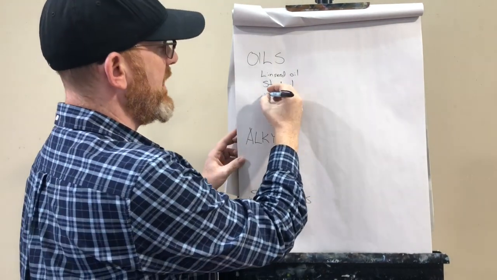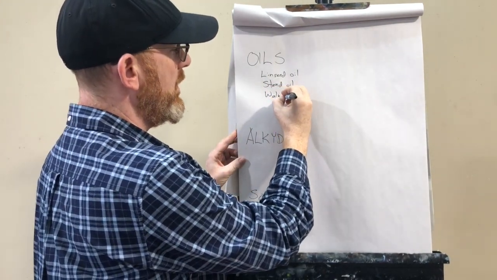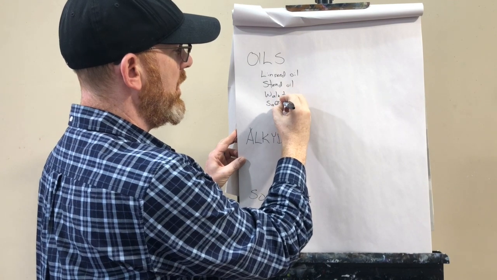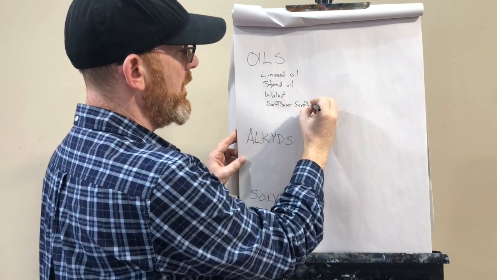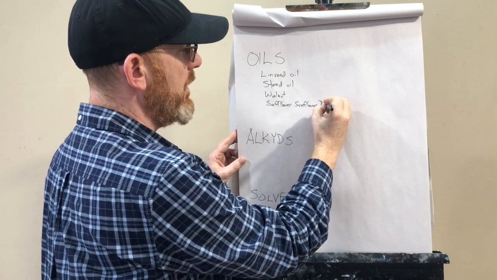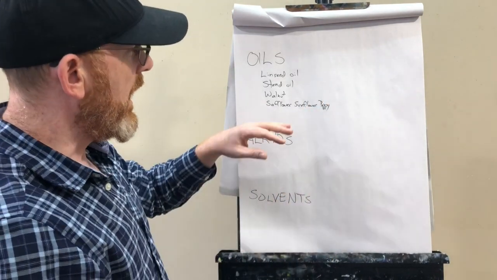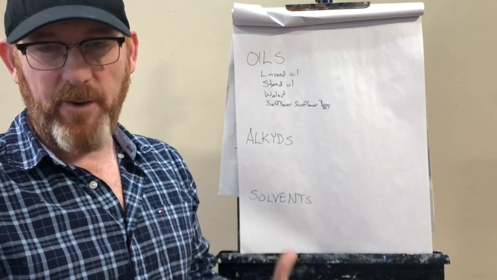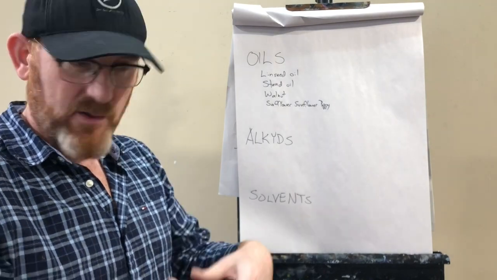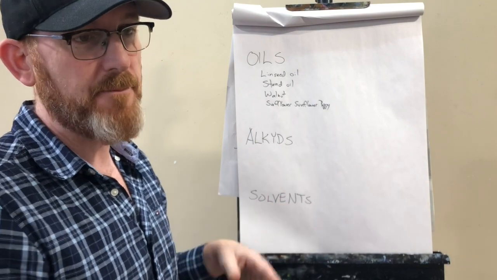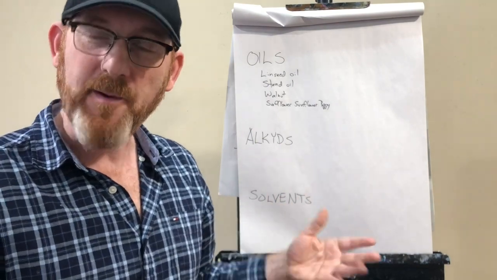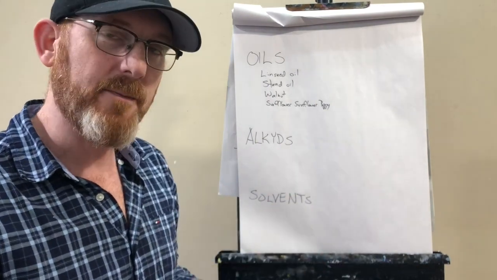We have other things here like walnut oil, safflower, sunflower, poppy, and so on. So any of these oils, if we add them into the paint, that's going to extend the pigments between more and more of that binder. But there are also some other properties that we'll get to in just a second that we want to consider.